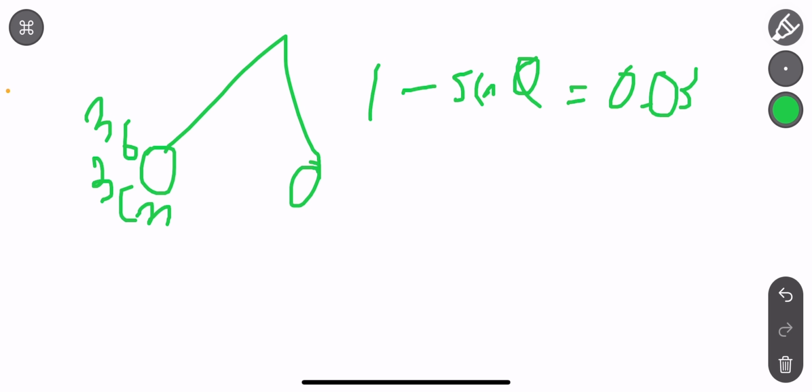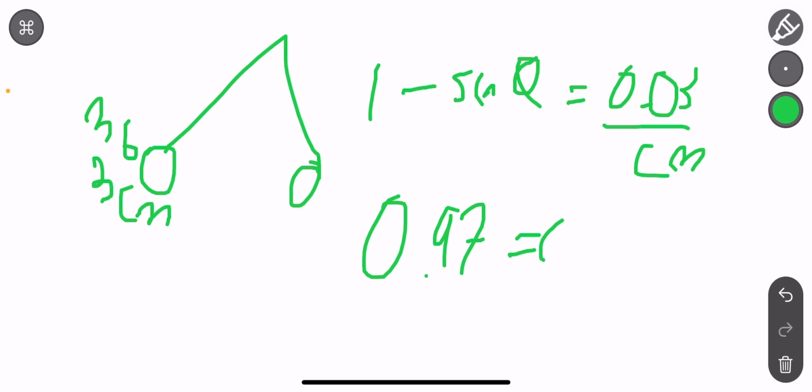We know that this is in meters, because we're basing it off of this. And now we have to calculate it, and eventually you're going to get this number, 0.97. And then if you plug that back into the calculator, it's just theta. Okay?